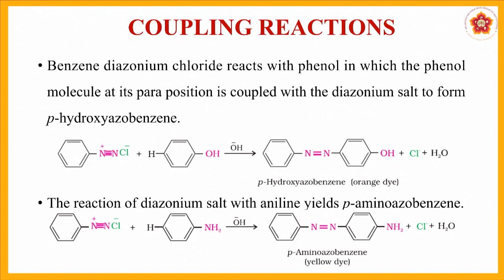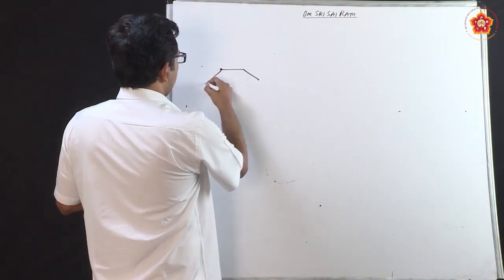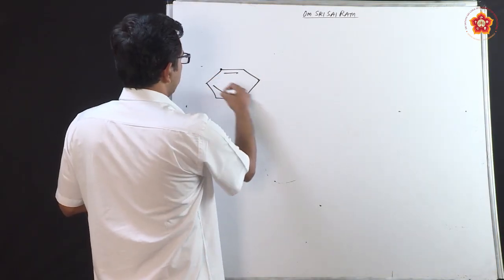Why this coloration is given by these diazonium salts is because we know very well that color of a compound arises whenever electrons get excited to a higher energy state, and while returning back they tend to give out their excess energy. That excess energy system is utilized to form the corresponding dye which is stable in nature.